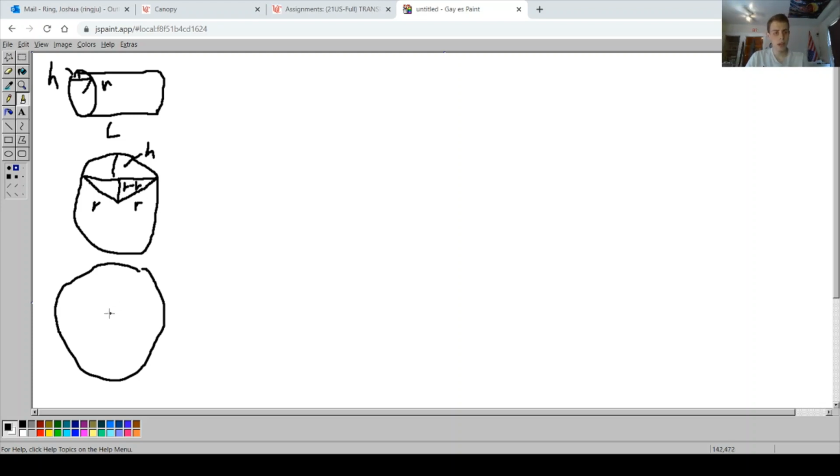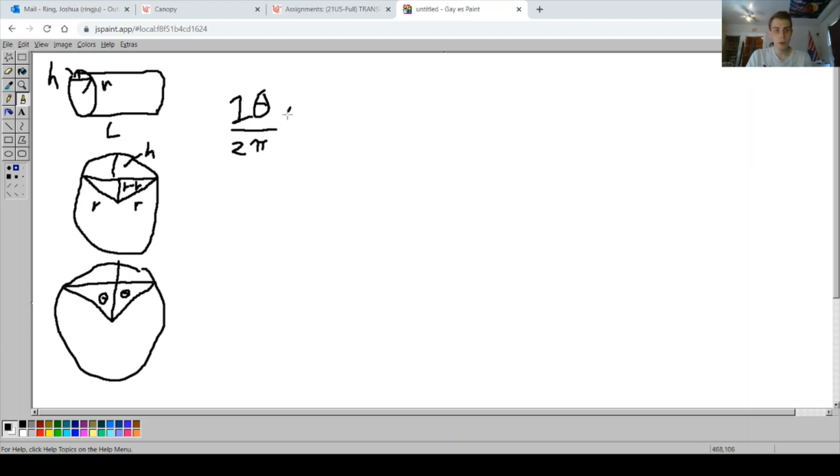So we can also label some angles now that we have this. Let me just redraw what we had above. And these angles, we'll call them theta. So now we can take the angle of the sector, which is 2 theta, and divide that by the full amount of radians in a circle, which is 2 pi.